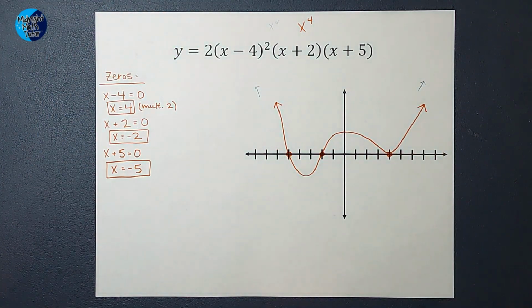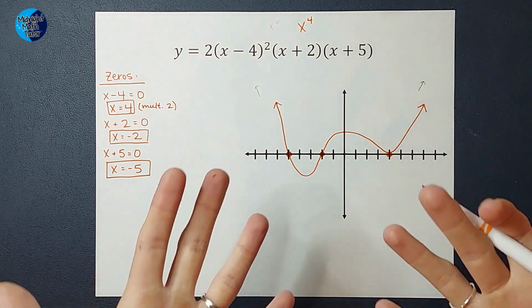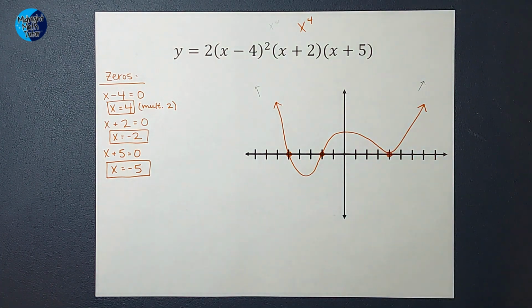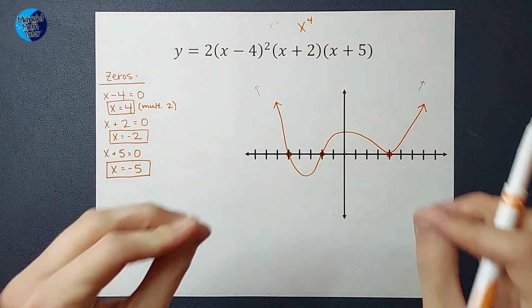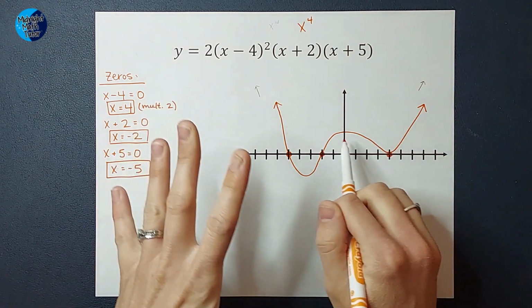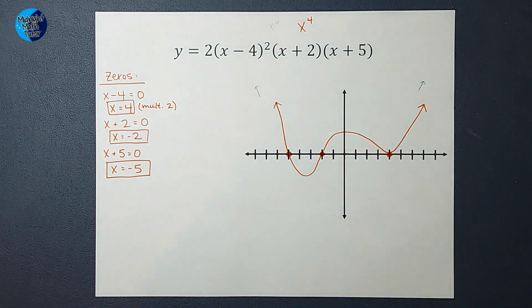And for the general graph we're doing, it probably doesn't really matter at this point in time. That's something that if you move on to calculus, you will learn more about. But if you do want to know these points, where this crosses the y-axis, you can always plug in points to figure out if you want to. So that's that optional 4th step if you so desire.